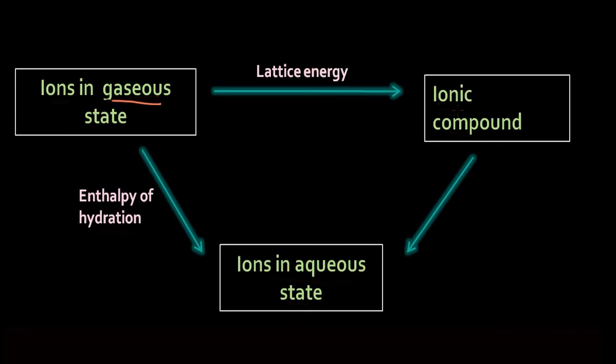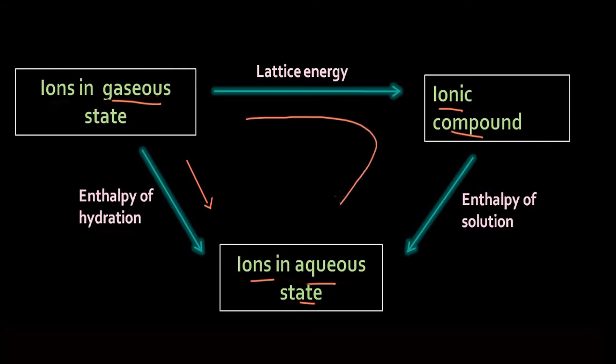And when an ionic compound changes to ions in the aqueous state, that's the process where the enthalpy change is the enthalpy of solution. So from this Hess cycle we can clearly see that this is the process which is direct and this is the process which is indirect.